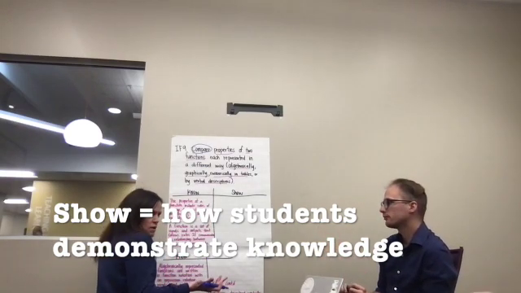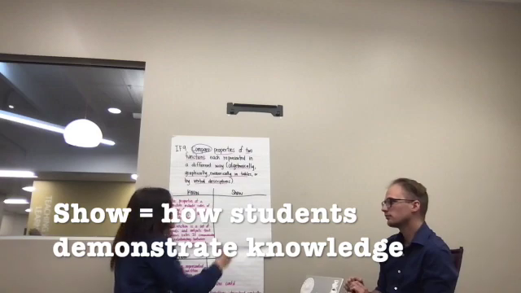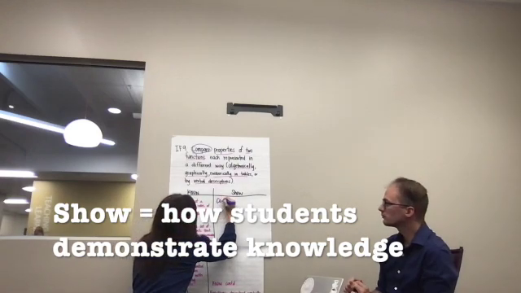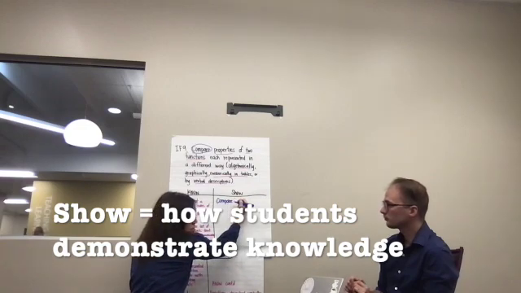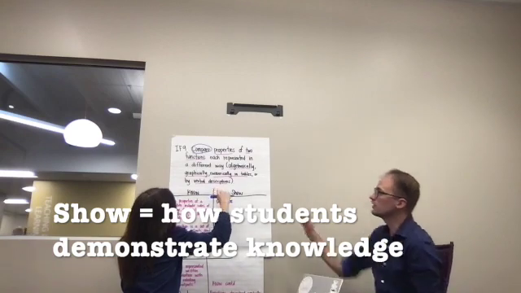Do you think that we would want to write those out? Probably, just to make sure. So we could put: compare properties of two functions, colon, represented in a different way, because this will never change.